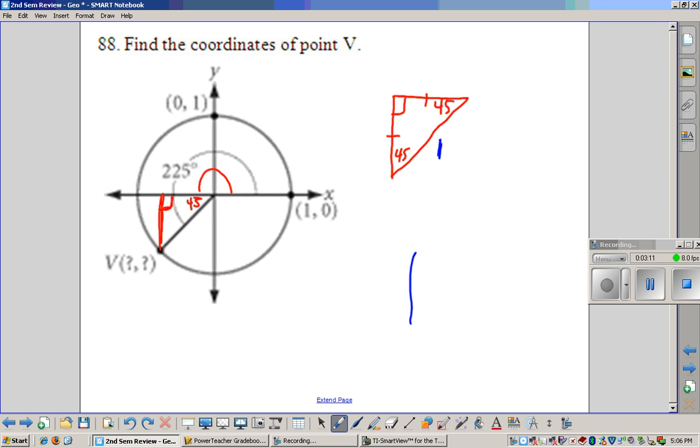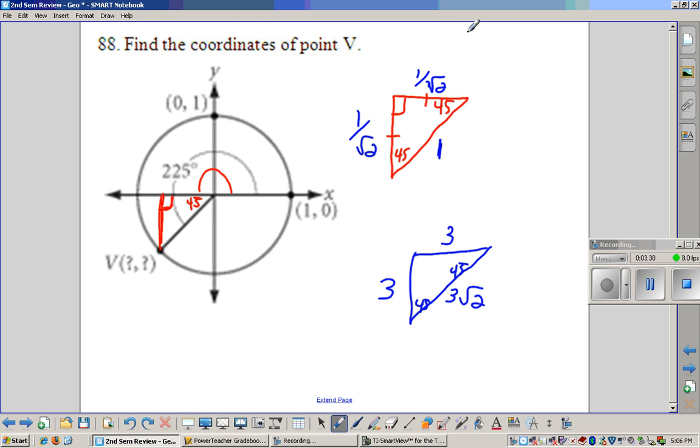Well, we had learned that on a 45, 45, 90, if you know that this is, say, 3, for example, we multiply by the square root of 2 to get the hypotenuse. In this problem we want to go backwards, so we're going to have to divide by the square root of 2. This will be the same thing over here.